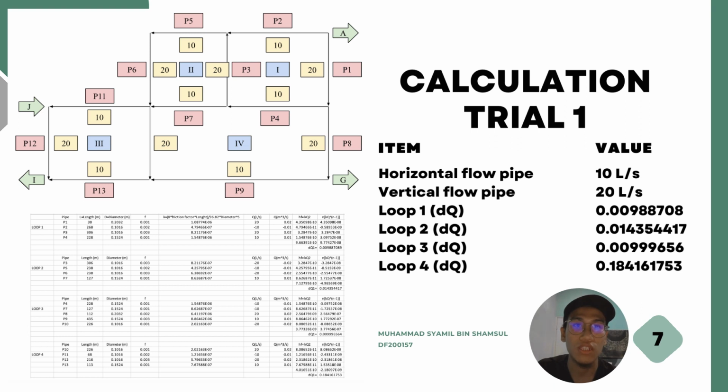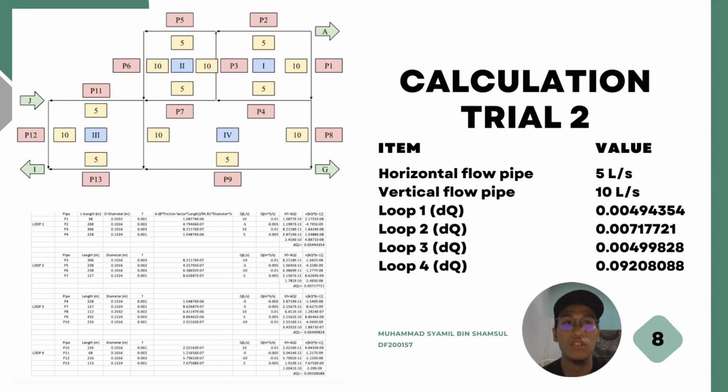For loop 3, the value of dq is 0.00999656. For loop 4, the value of dq is 0.184161753.